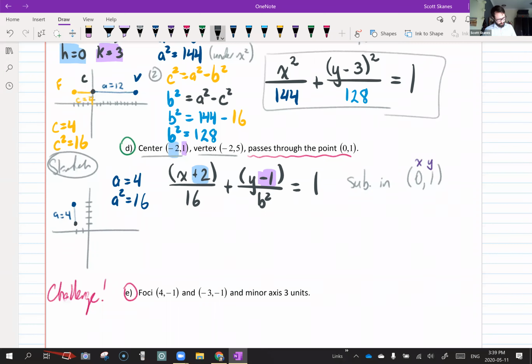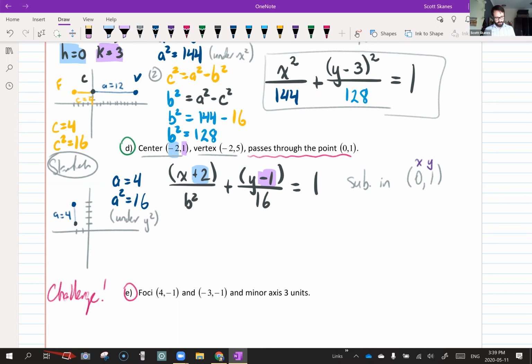Oh, did anyone catch my mistake? The a here should be under the y squared. By definition, the a needs to go over there. So I need to switch these places. Sorry about that. I've done 100 of these and I still sometimes get things backwards.